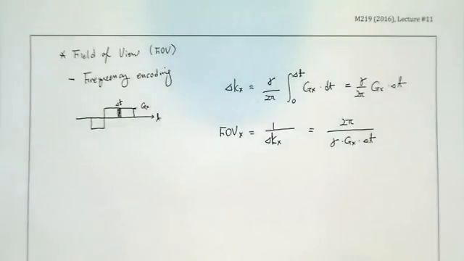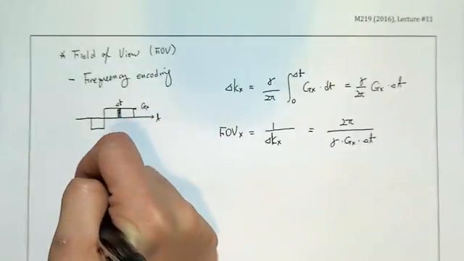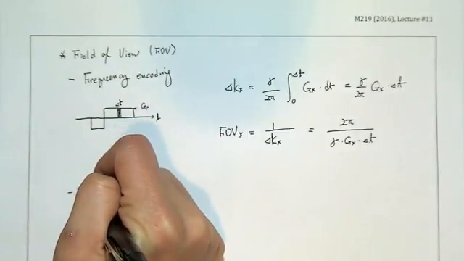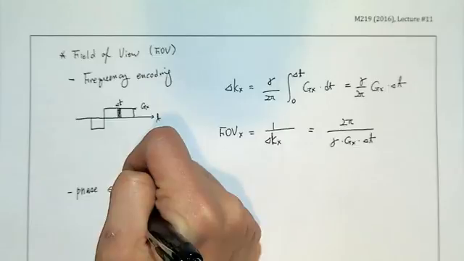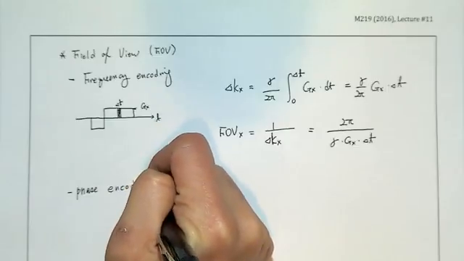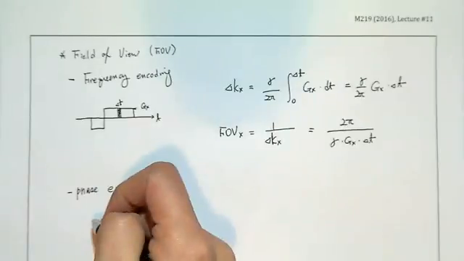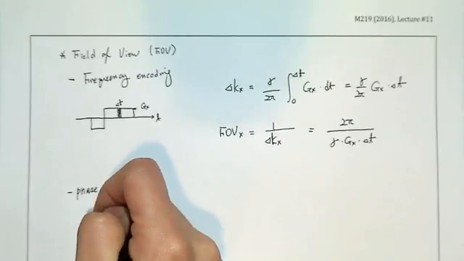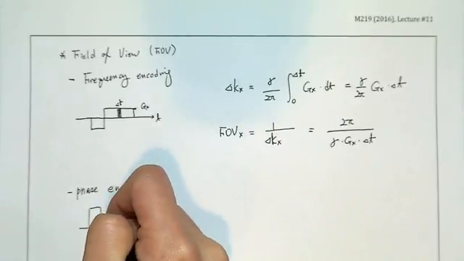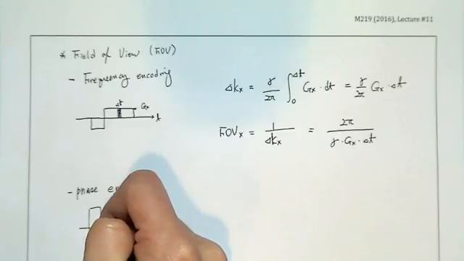So the next one is actually a phase encoding correction. The phase encoding looks like this, right? And for every line, you have a different amplitude.